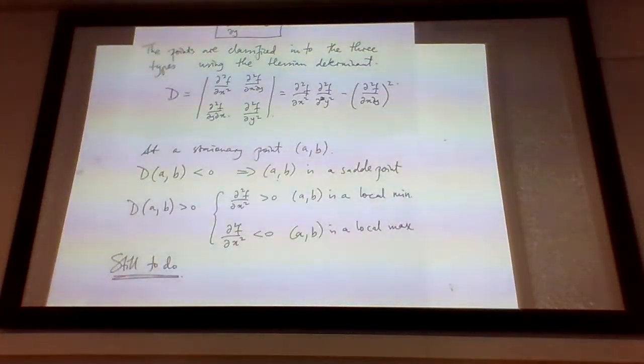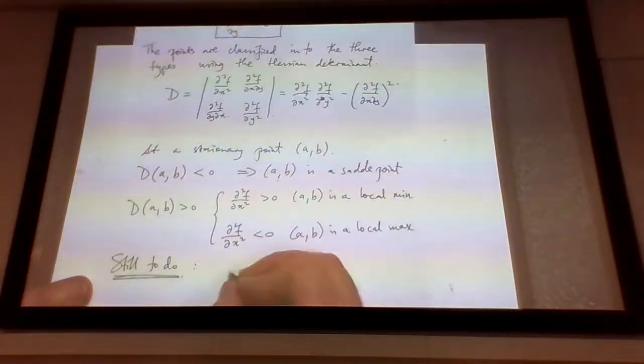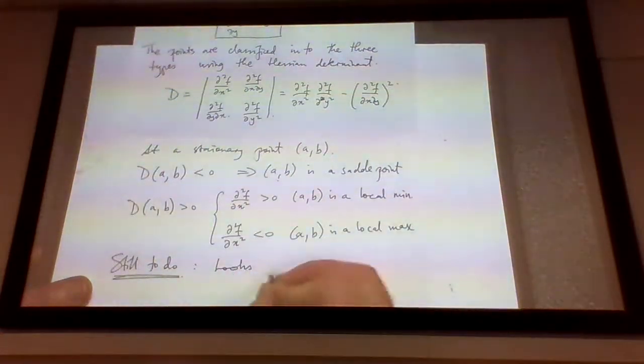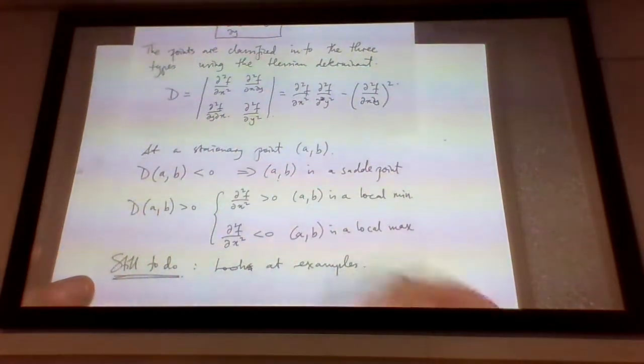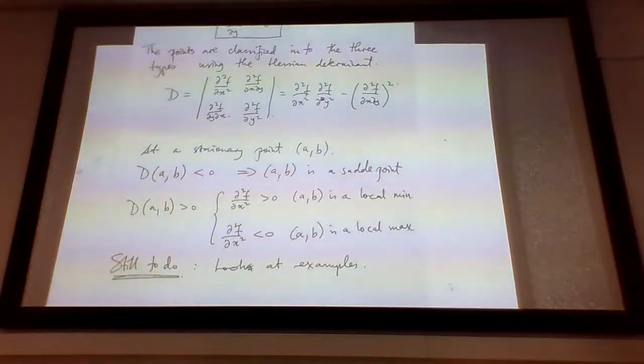So that's just a quick run through the description of stationary points and a look at how they're classified. We've got to look at examples, so we'll start that this evening, looking at examples of finding and classifying these stationary points.